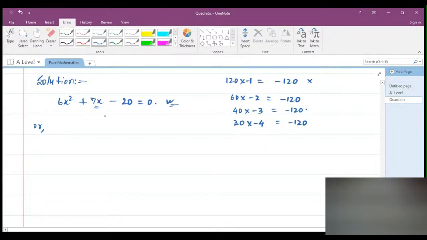So this is not suitable. Addition will be 7. So let's see, this one is also not suitable.